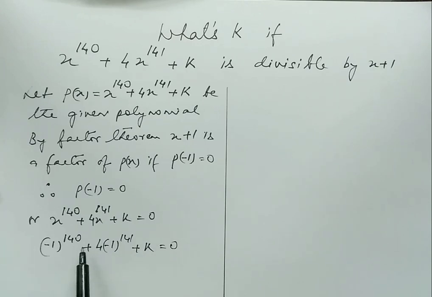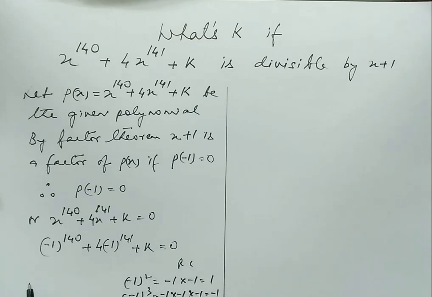Now, I would like to say that 140 is an even power, whereas 141 is an odd one. So, in rough column, minus 1 squared gives us a positive 1. Similarly, minus 1 to the power 3 would give me a negative result, the product would be minus 1.